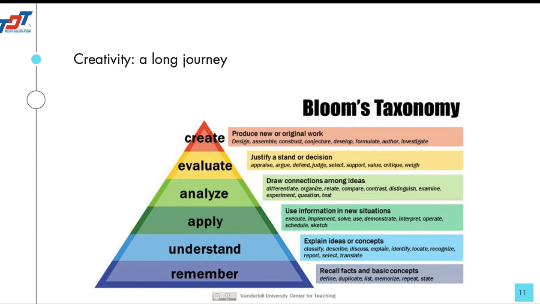For any particular topic, first you remember and understand it, you know how to apply it, then you analyze all factors about the topic and evaluate the advantages and disadvantages of those issues. After a lot of that effort, you come up with creativity, and you come up with a creative mind.